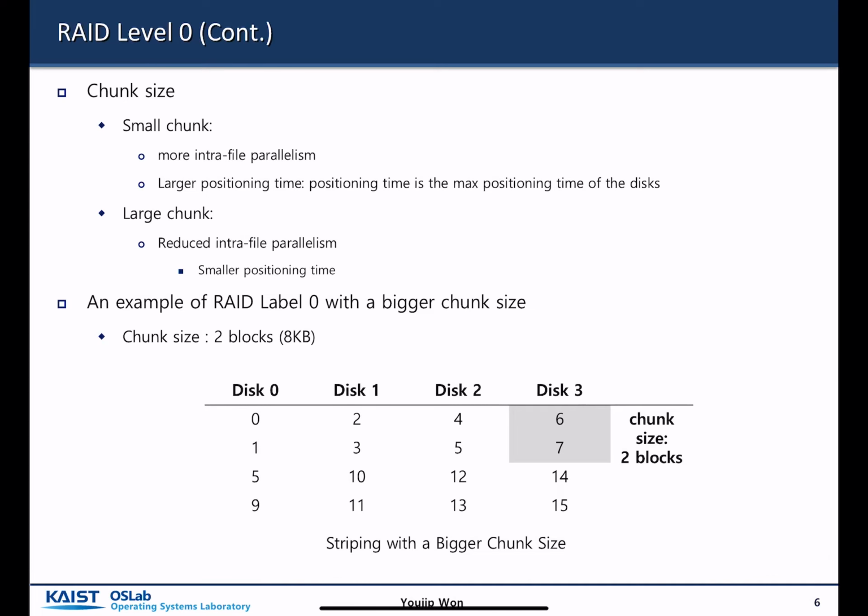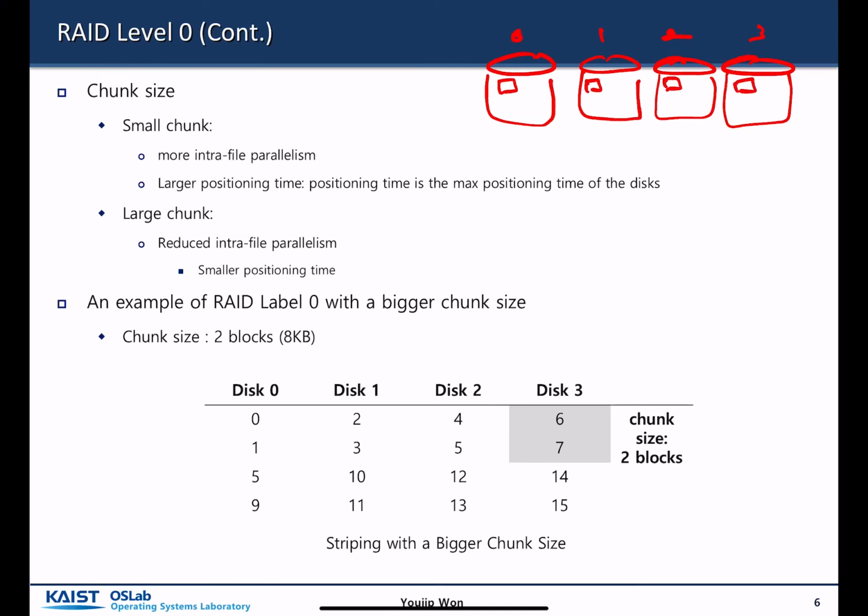Let's think about the effect of the chunk size. In the previous slide, the RAID controller writes 1 block to each disk. There are 4 disks: disk 0, disk 1, disk 2, and disk 3, and we have written a block to each disk.